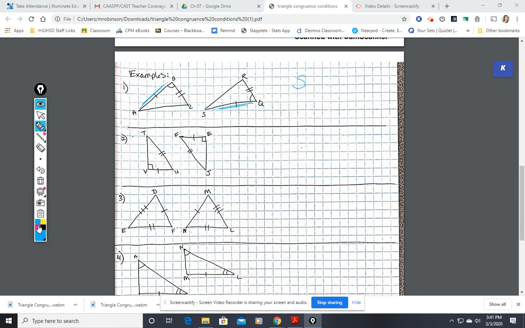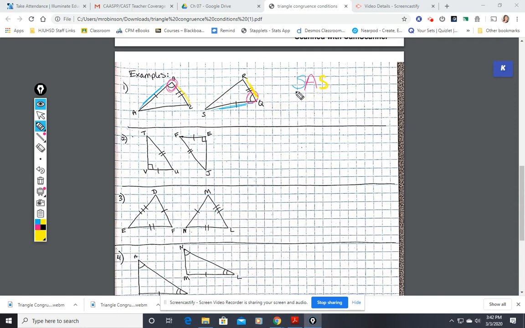And then I have an angle right here that matches this angle right here. So I know I have an A. And then I have another side with a double mark. So this side and this side have the same mark. So I'm going to have a third side.